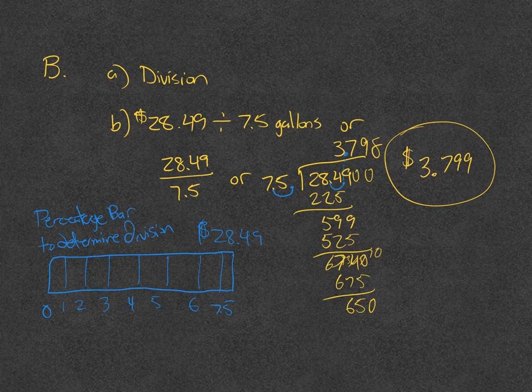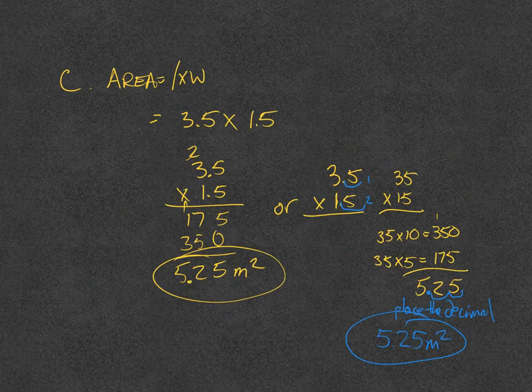For B, you've got $28.49 for 7.5 gallons. So you know how much it is for all 7.5 gallons, but how much is it for one? So it becomes division. For C, they give you a clue because they ask you the area. And we know from covering and surrounding that area is length times width.